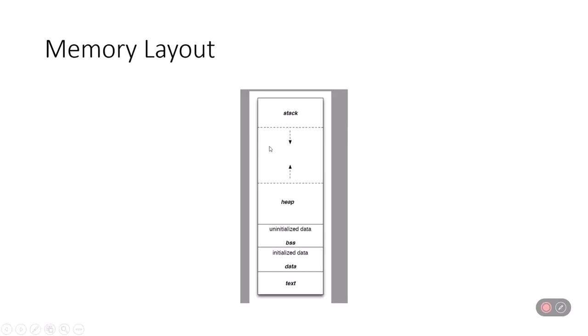This is our pictorial representation of the memory layout, which I got from Wikipedia. We have the text at the bottom, then the initialized and uninitialized data segments, followed by the heap and stack. Whenever you compile your program, it only has the text, data, and BSS segments.